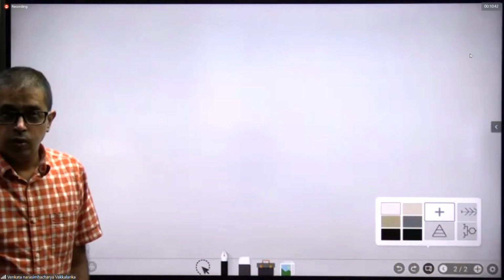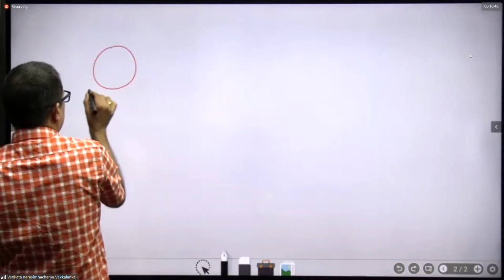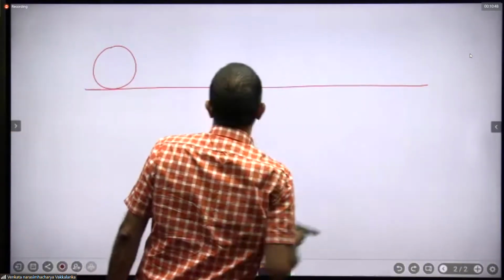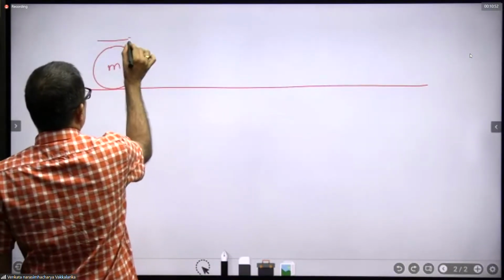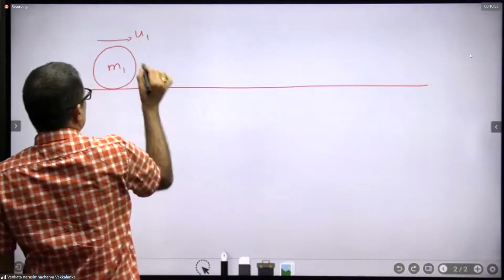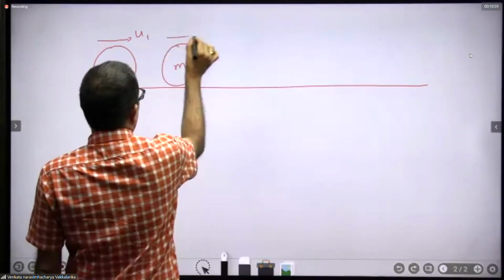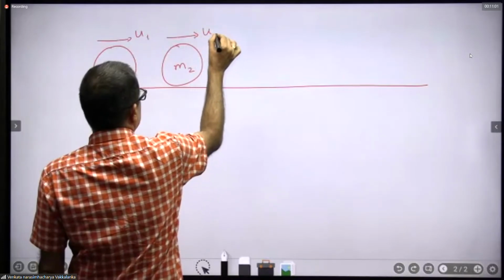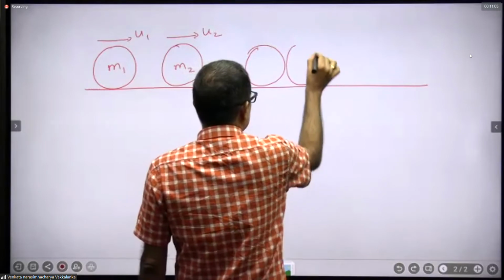Now, have a look at this. You have a body of mass m1 moving with a velocity u1, and m2 moving with a velocity u2 at the instance of collision.